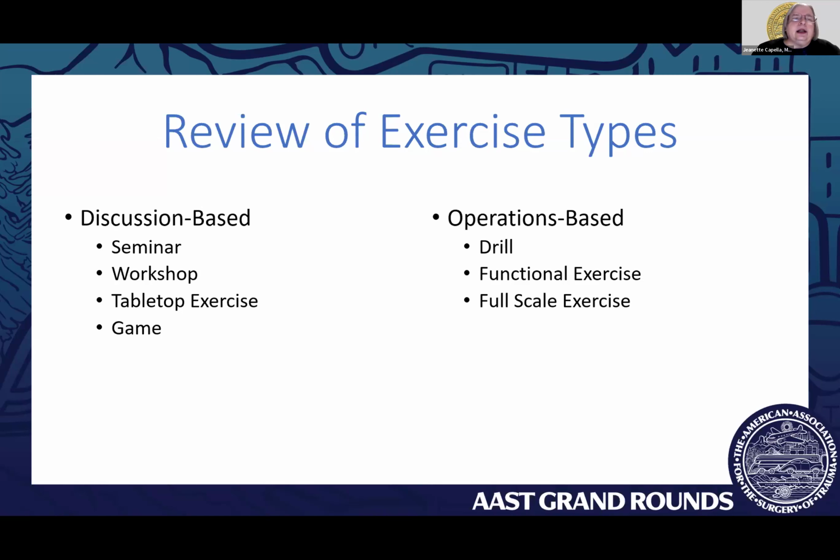We settled on the tabletop because I think that is probably a good starting point, a good introduction for trauma surgeons and centers to get started in this if they're in a place that hasn't done this very much in the past.